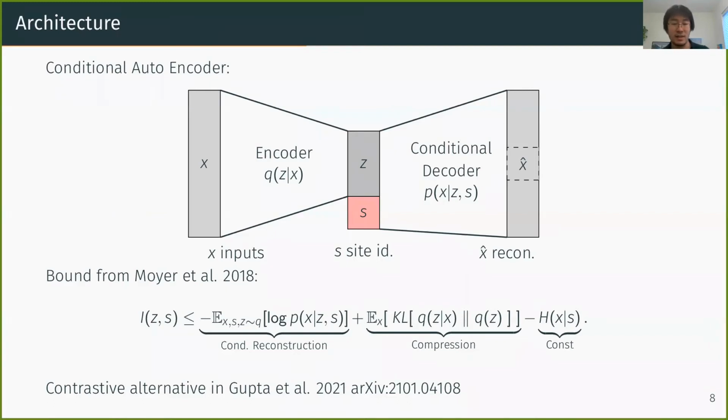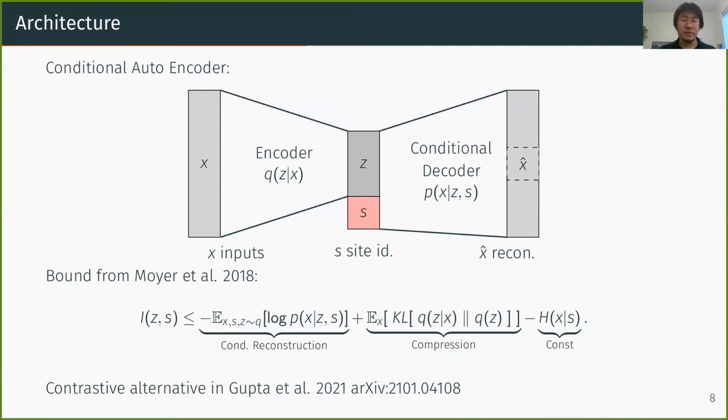So if we compress Z, and we can do well at conditionally reconstructing X given Z and S, intuitively that makes sense that we would remove S from Z, because if we're trying to build X again, and we hand it back S, then we don't need to have S in Z, right? We're handing it S for free, so we can remove it from Z. So that's what this bound says.